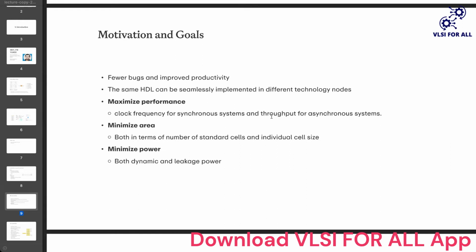When it comes to power, you have different types of power: dynamic power, leakage power. We will get into the details later on what these different types of power are, but we have to address these. So these are the three main goals, called PPA: performance, power, area. Generally, PPA is the three major goals for any chip designer.